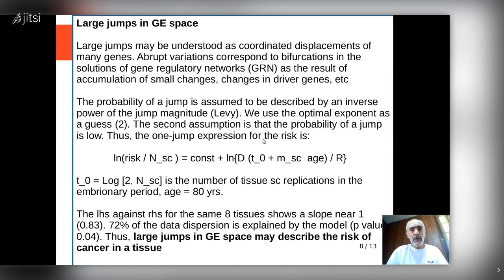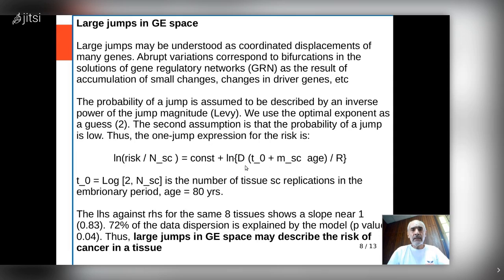In this expression, we write time more specifically, and in the time steps we distinguish this t null, which is the number of steps in the embryonic period, that is, the period where the tissue is formed.